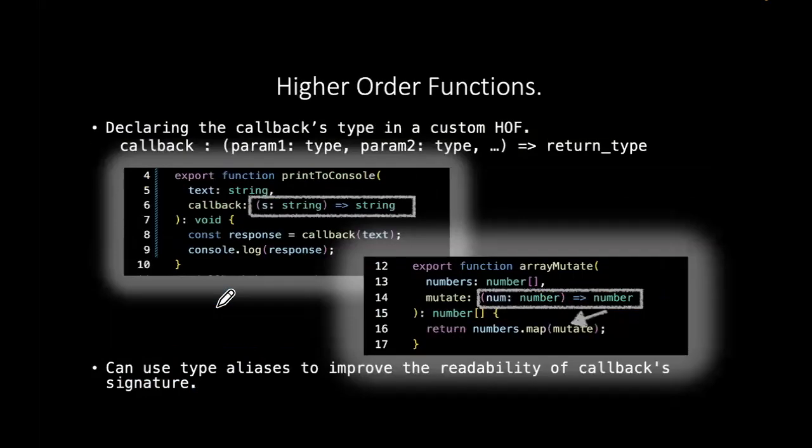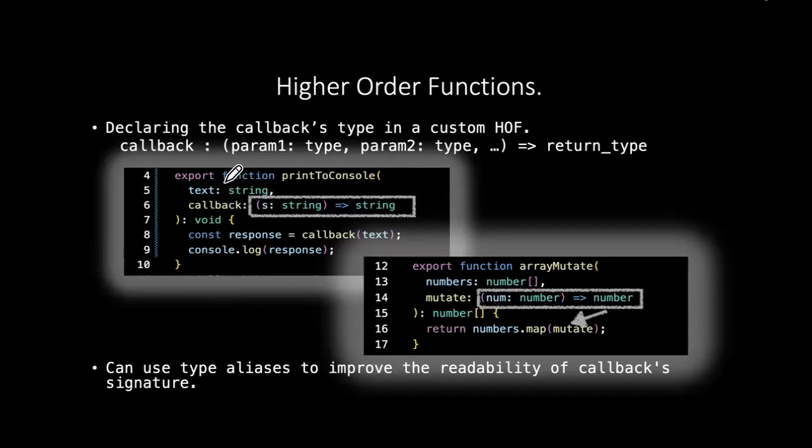Higher order functions, you might remember from last semester in web app dev, there were a lot of higher order functions going on. A higher order function is a function that takes a function as a parameter. And so the question is, how do you specify the type for a function parameter?